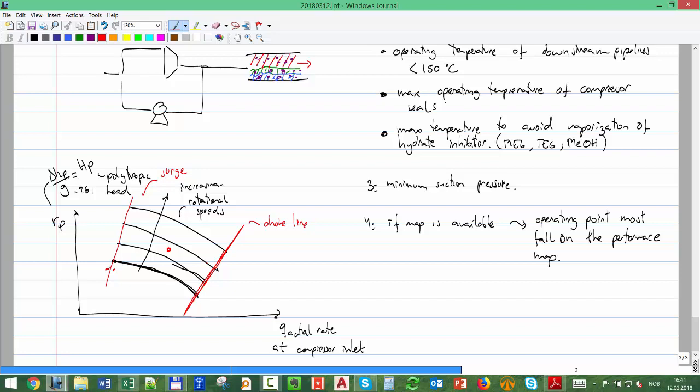Okay. This compression map, there is something a bit tricky that I hope I don't confuse you with. This compression map is measured.